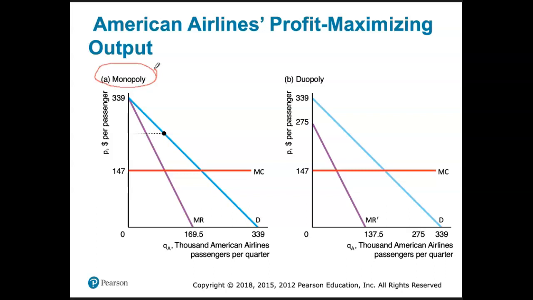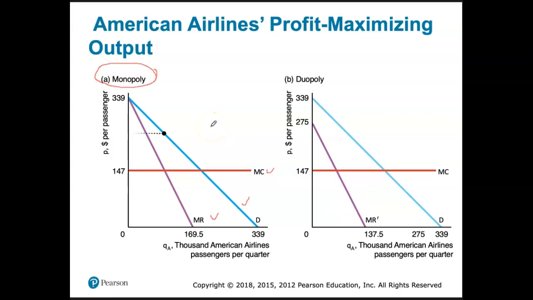At the end of the day, the strategy each firm uses to choose its passengers depends on the demand curve it faces, also the marginal revenue curve it faces, and also the marginal cost curve. So assuming American Airlines is a monopoly, it won't worry about what United Airlines does because it's the only firm in the market.